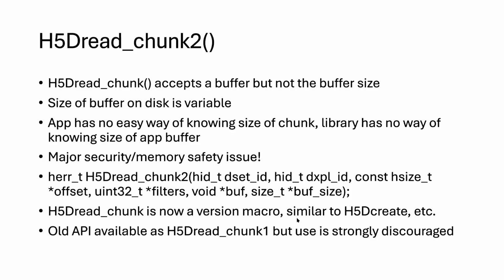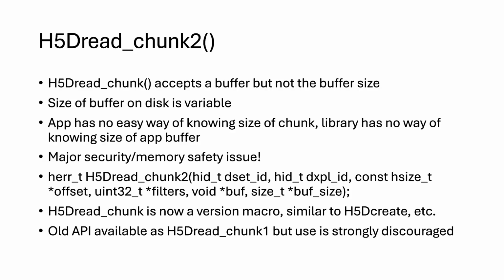The advantage is that now you only have to do that once, as long as your guessed buffer size was big enough. And if it wasn't big enough, then you have to do it twice, but that should be very rare.